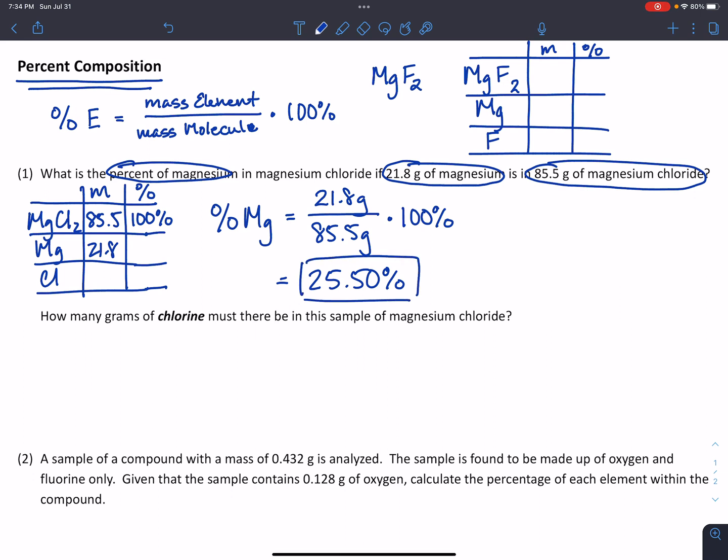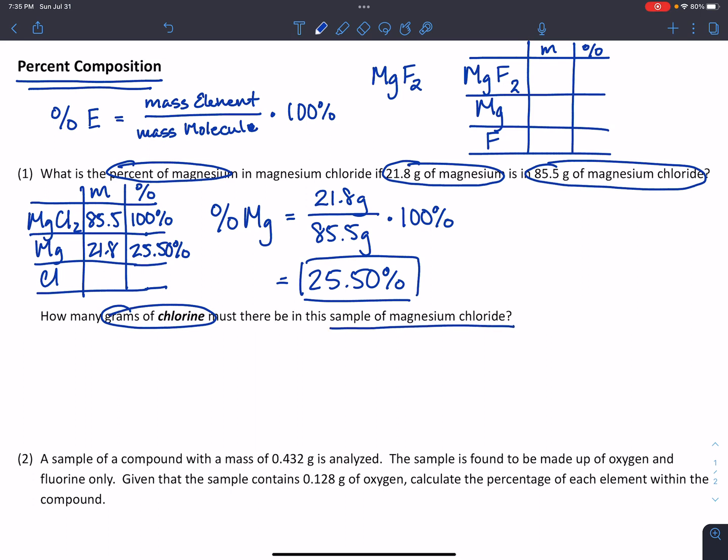All right, so again, we're using the part over whole formula to solve this problem. All right, I can put that in my table if I want, 25.50%.